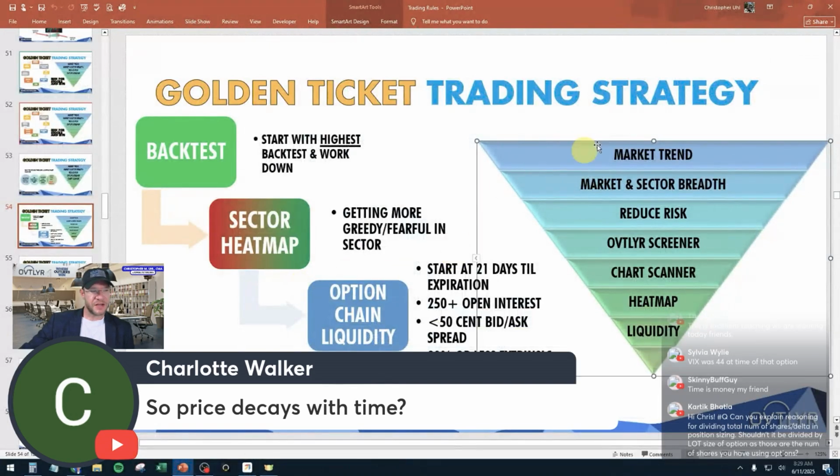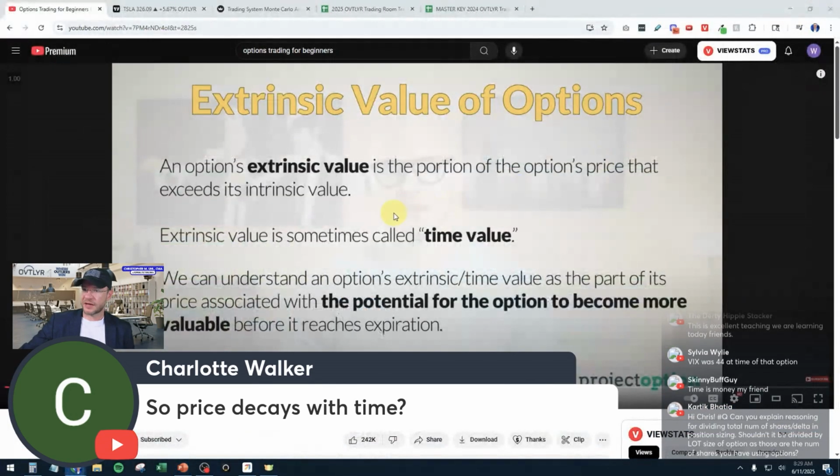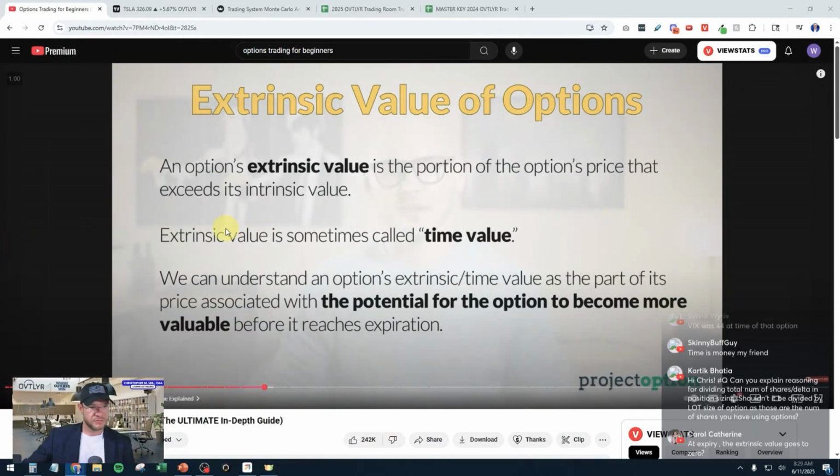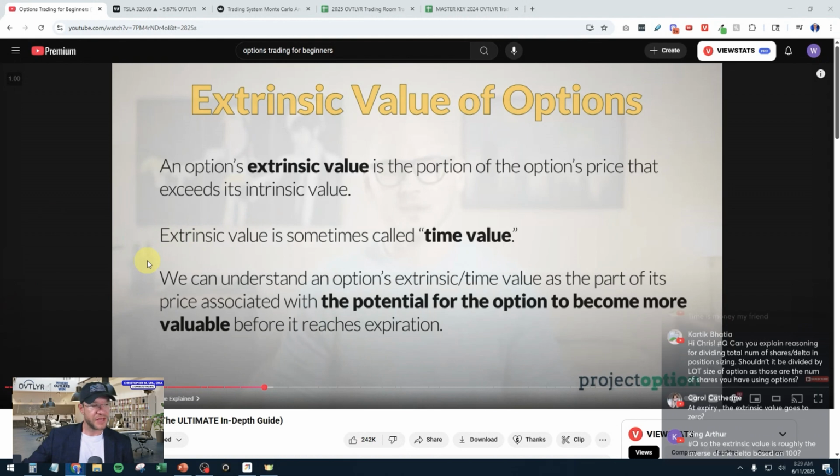So you could think of it as time value, or you could think about it as the risk value, right? And you can't get around it. By having a plan to work with it, rather than trying to find a way to circumvent that, you're going to be better off. This is a great question, Charlotte. Really appreciate that one, actually.